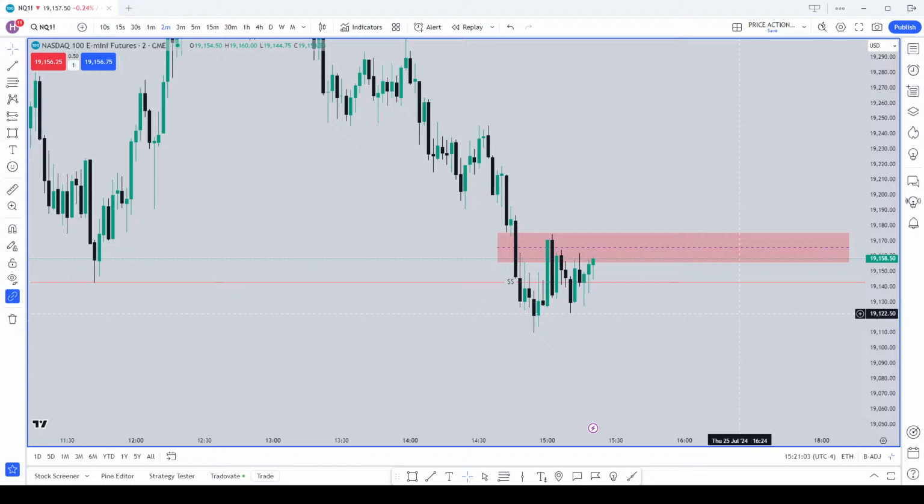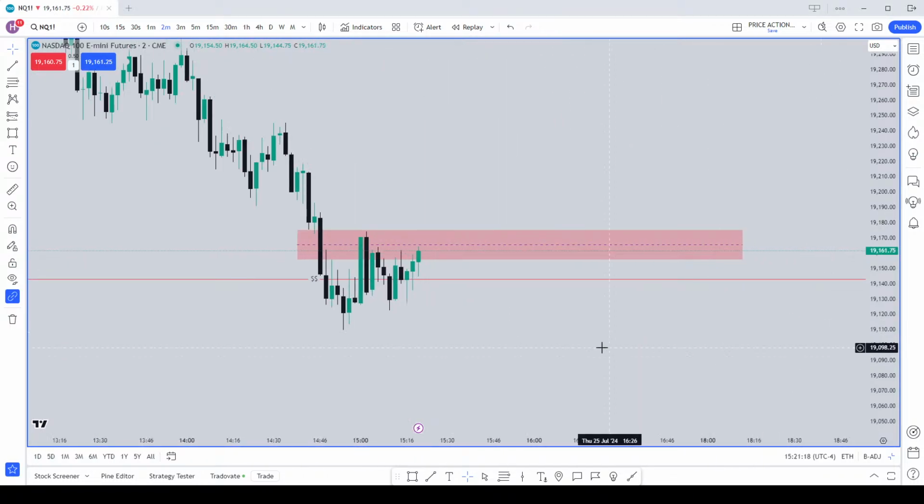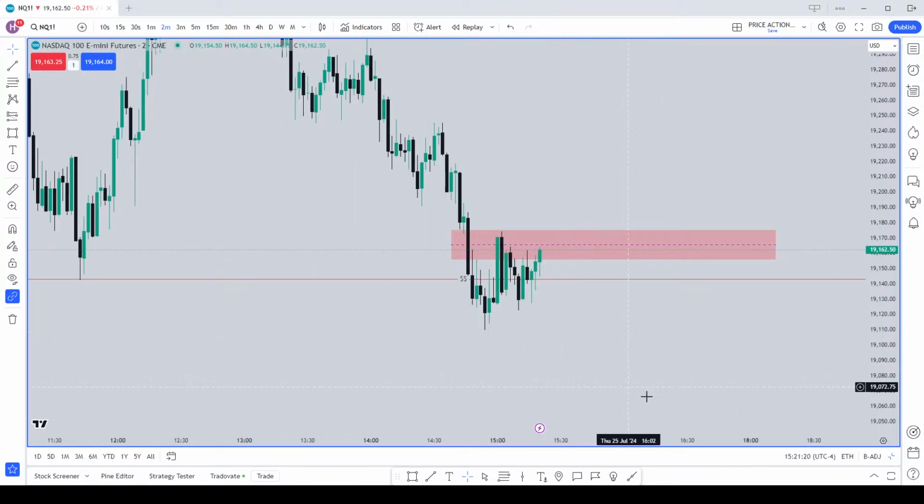Overall, in our day today, we were up a little over $300. We are getting this tap into this fair value gap. We'll wait until this candle closes before I call it.